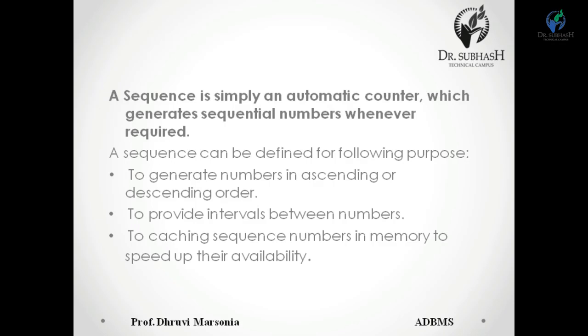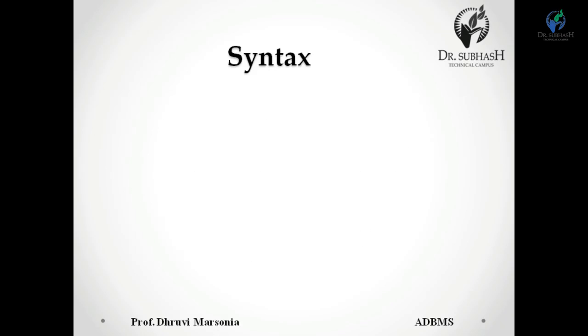A sequence can be defined for the following purposes: to generate numbers in ascending or descending order, to provide an interval between numbers, and to cache sequence numbers in memory to speed up their availability.